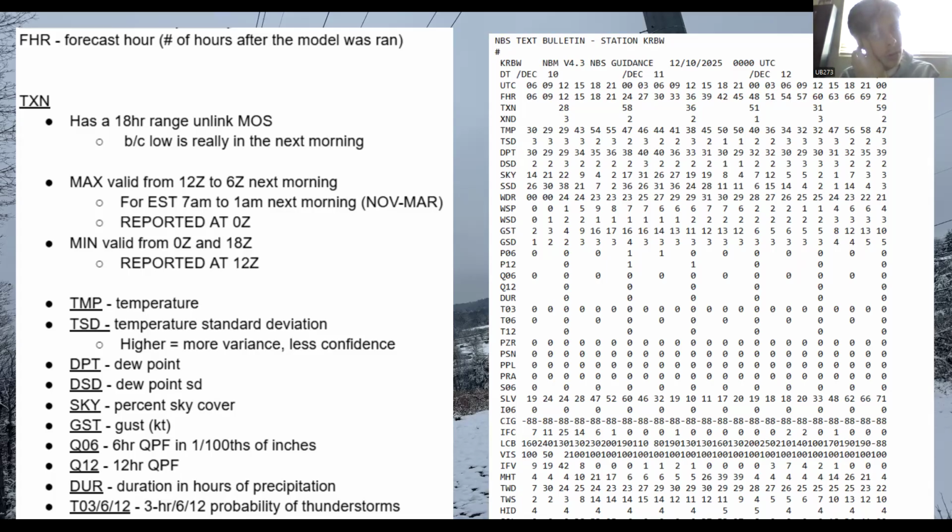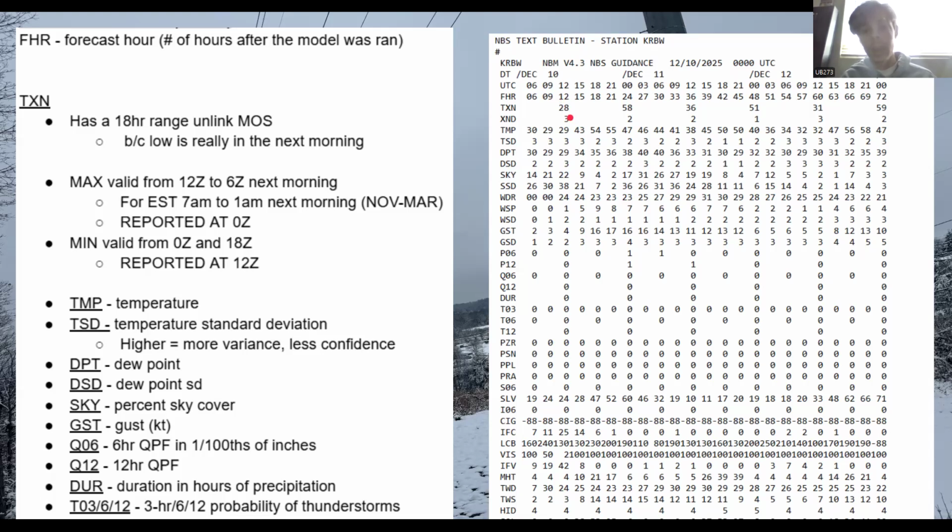Then we have TXN. TXN is the next row, and it is going to tell us our high and low temperature for the day. But it's important to note that the number you see, if there's a gap in between, qualifies as what was before it. 28 is the low right here.